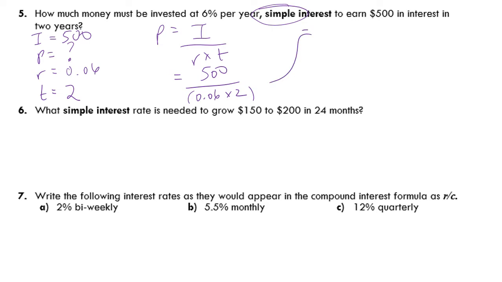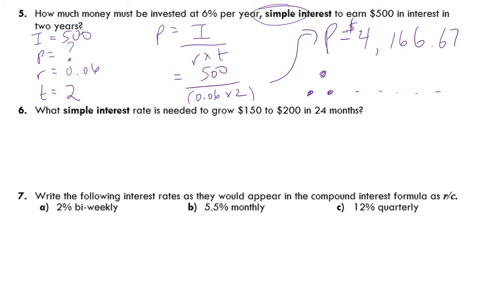Then enter it just like you see it. So 500 divided by, open bracket, 0.06 times 2, close bracket. And when we round, you should get $4,166.67. So therefore, you must invest that much money to gain $500 in interest in 2 years.